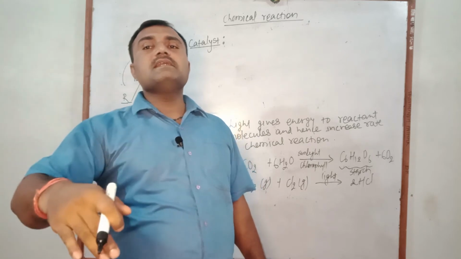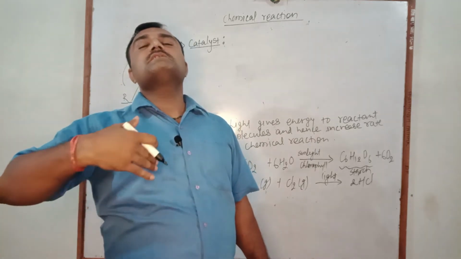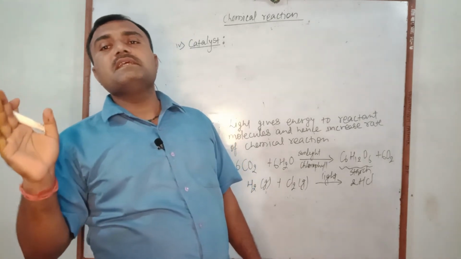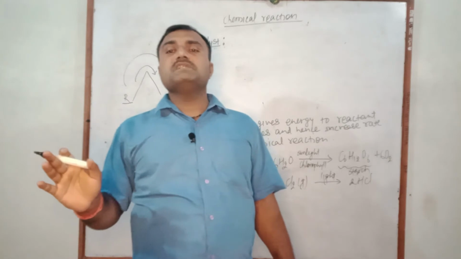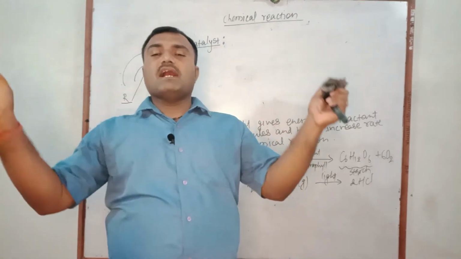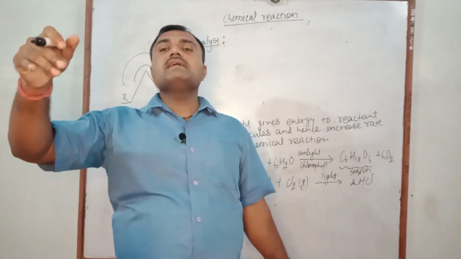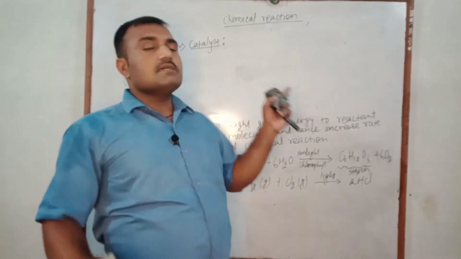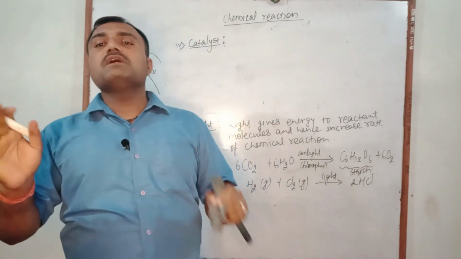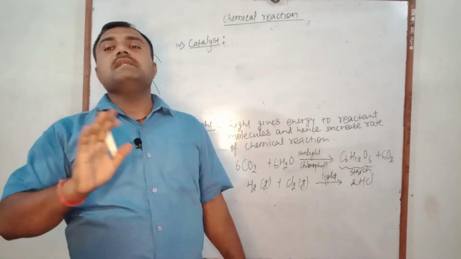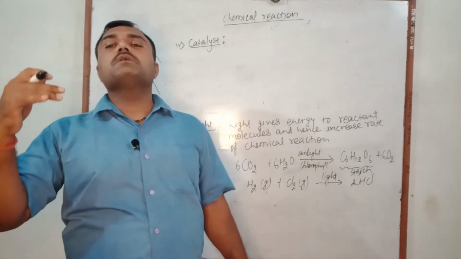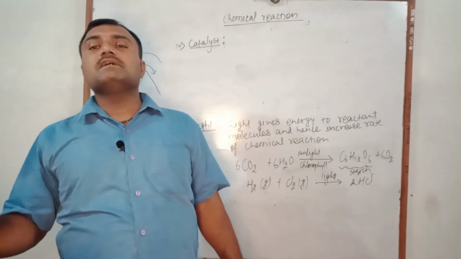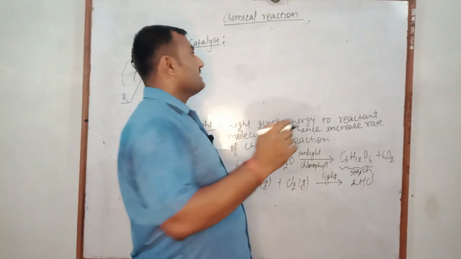When we add a catalyst to a very fast reaction, it helps to decrease the rate. Therefore, a catalyst increases or decreases the rate of chemical reaction while itself remaining unreacted, without being consumed.